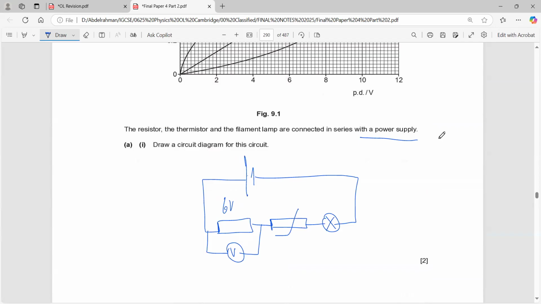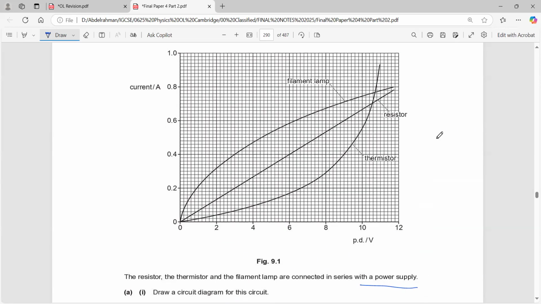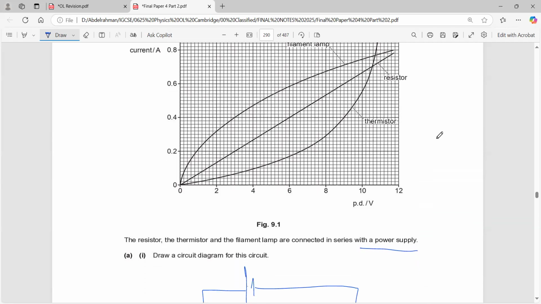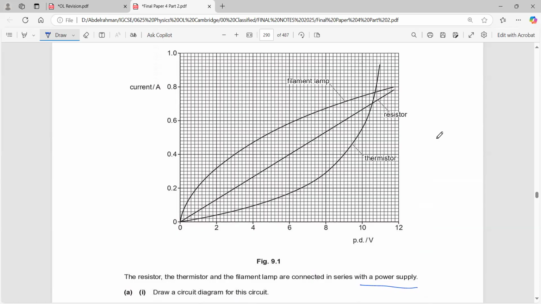If the voltage is 6 volts on this fixed resistor, from the graph I need to go up from 6 volts, and it should have a current of 0.4 amperes.